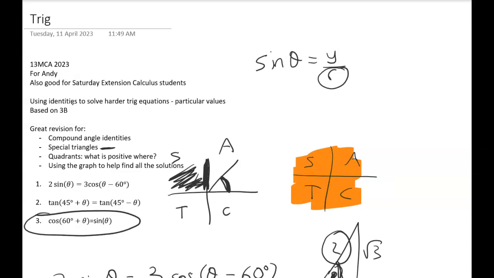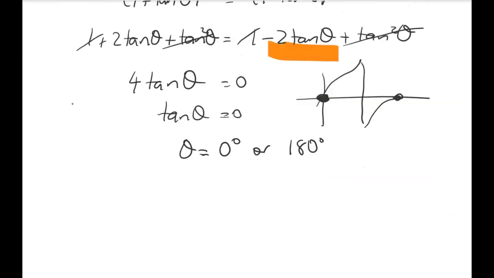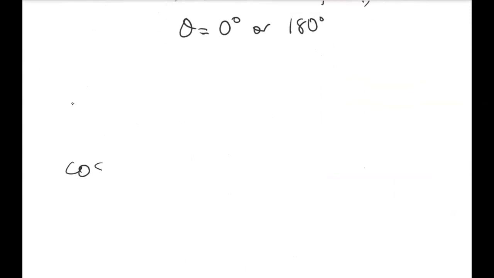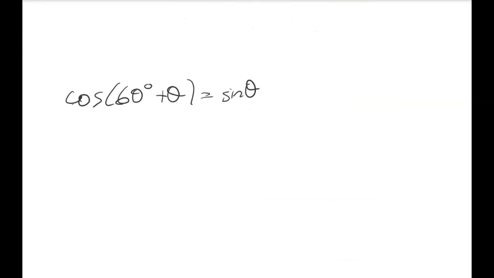All right, getting back to this last equation, cos of 60 degrees plus theta is equal to sine theta. Right, expanding out the left-hand side gives me cos of 60 degrees cos of theta minus sine of 60 degrees sine of theta is equal to sine theta.